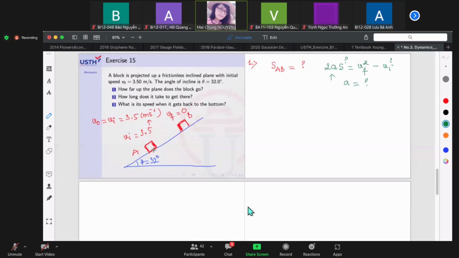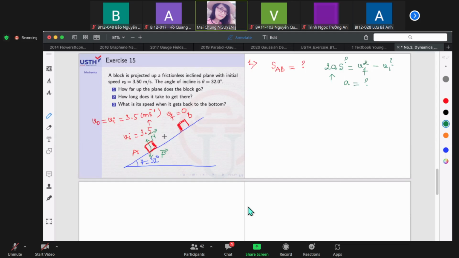When the object moves like that, there are 2 forces acting on it: the weight and the normal force. Do you agree? Don't forget, we studied chapter 2 with the list of forces. Always think about the forces acting on the object, right?